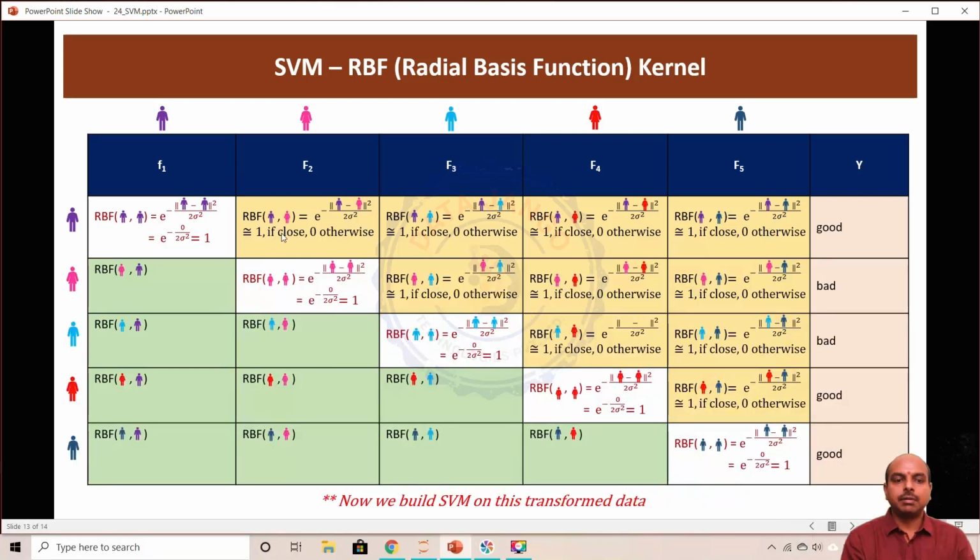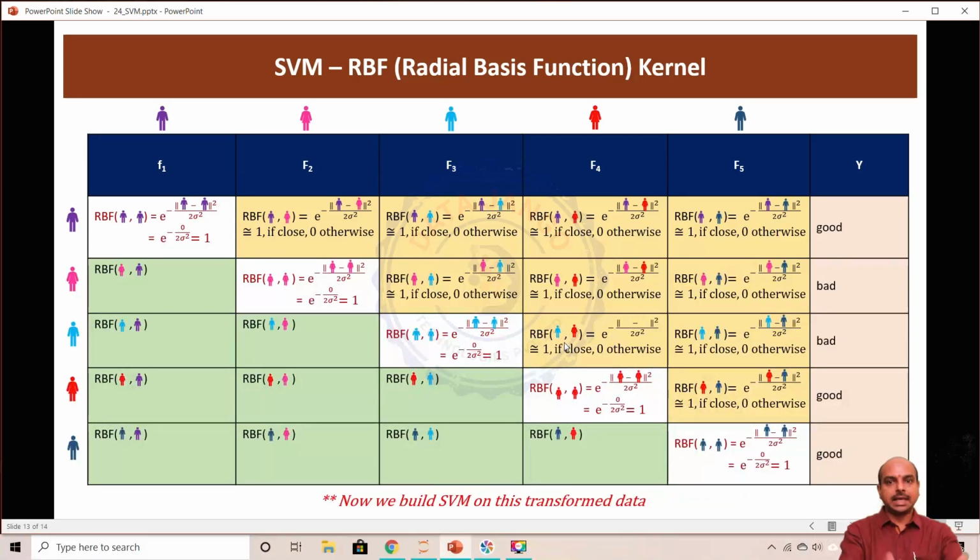So the value is going to be between 0 and 1. If the genome or the DNA sequence of the second record is close to the first record, then you will get a number close to 1. If it is far, you will get 0.